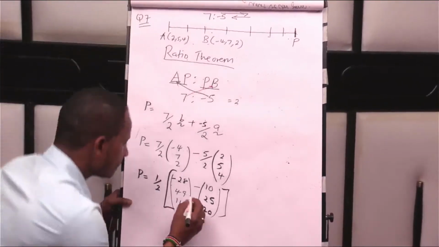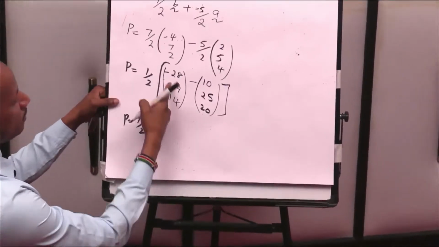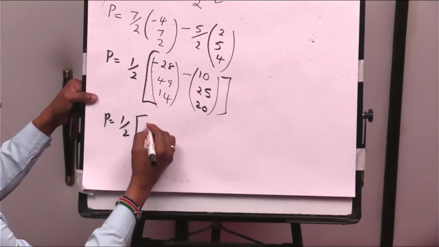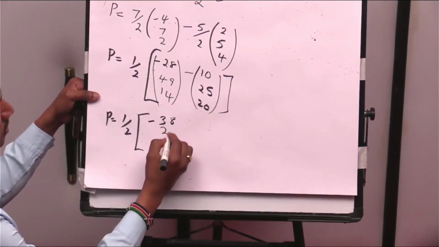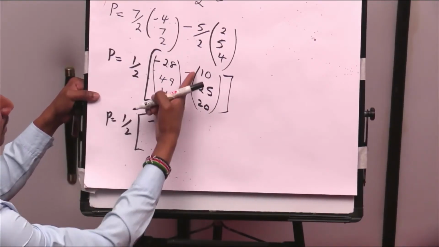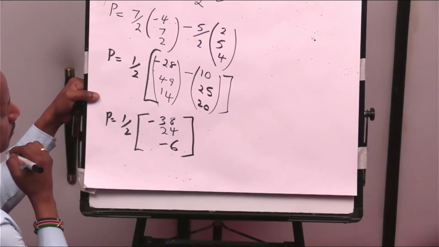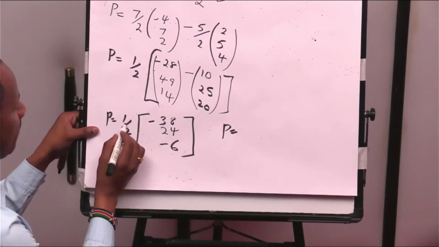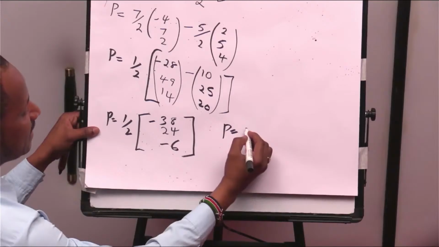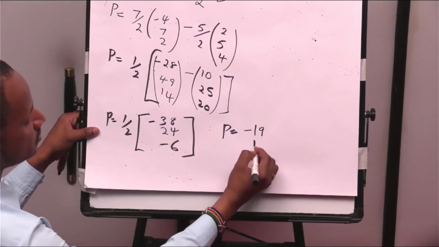So from here, we have P equals a half into -28 minus 10 is -38. 49 minus 25 is 24. 14 minus 20 is -6. Then multiply by a half. So P equals a half times -38 is -19. Then a half of 24 is 12.